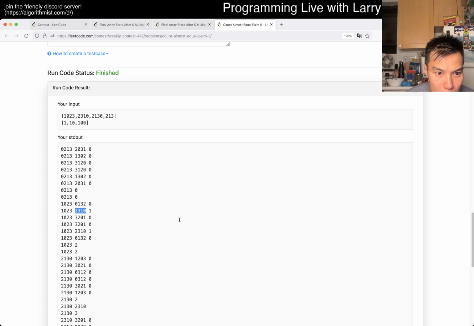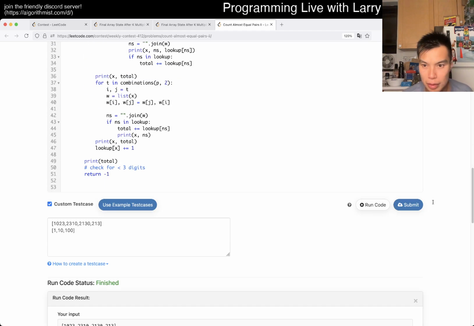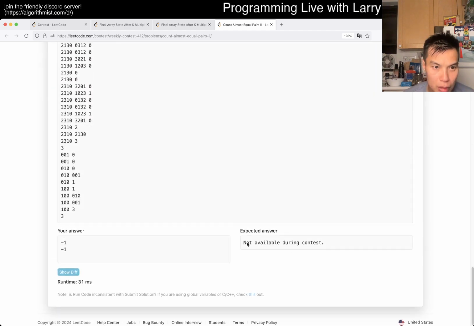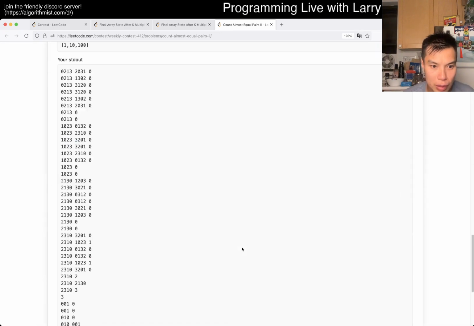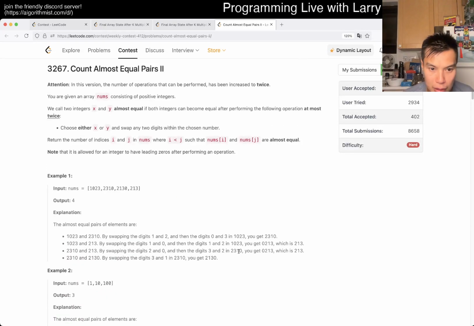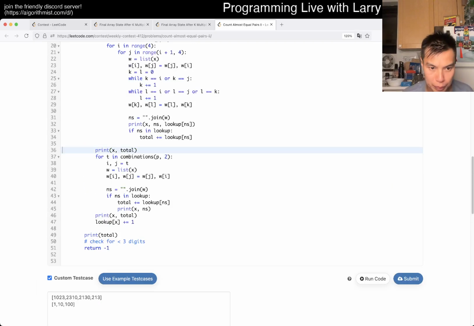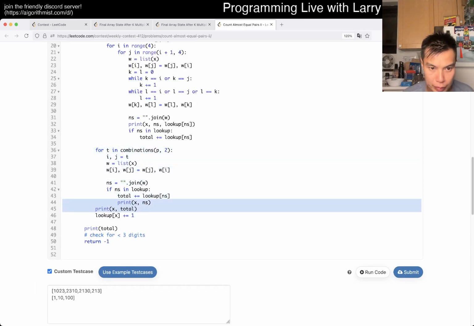Two, 310. Huh? Oh, because we look up. Oh, I am dumb. Okay, 3, 3. Okay, that's fine because we didn't do the swap 3, so we should be good. Maybe.